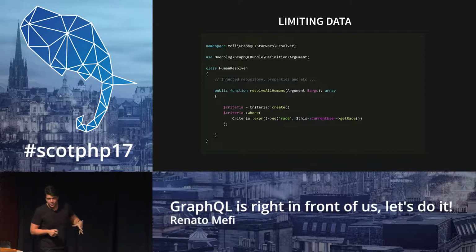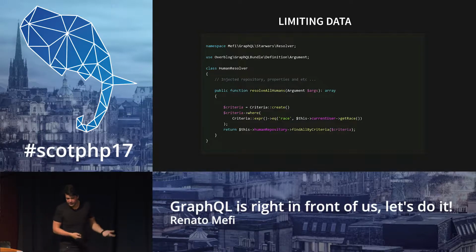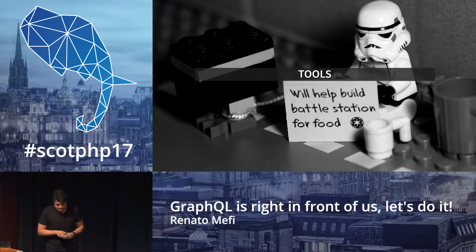You're only allowing humans to look for humans and droids to look for droids, just by putting a single criteria in your query. And then you find all by criteria, which limits your data set. That's just a stupid example, of course. You can do whatever you want. If you're using an external API, you just use your client capabilities and stuff like that.